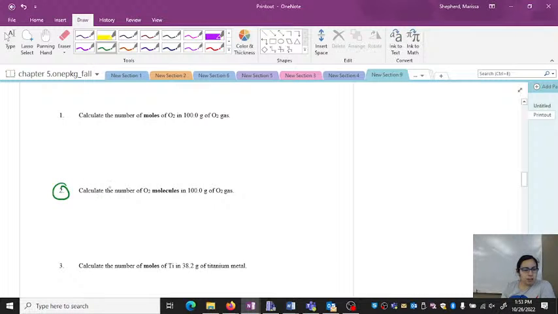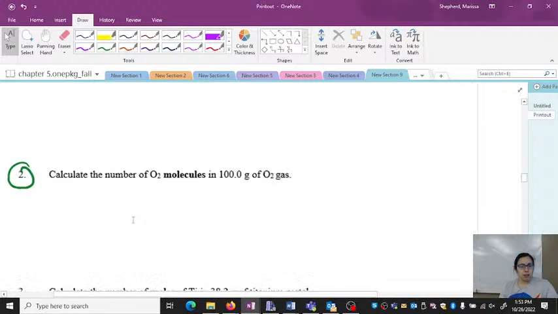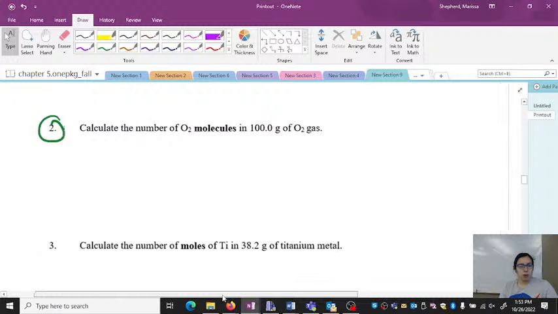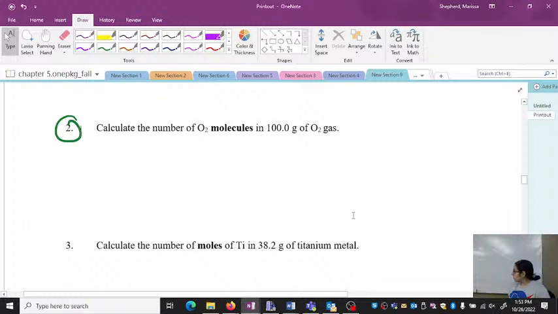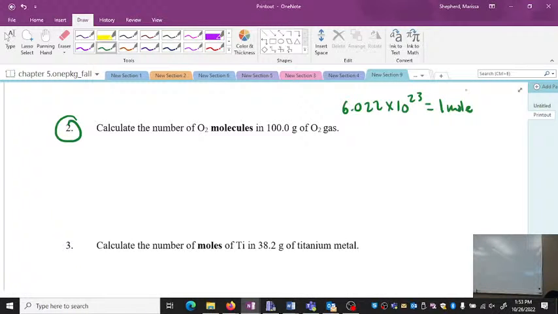It says calculate the number of O2 molecules in 100 grams of O2 gas. And so see if you can figure out how to approach it. And don't forget about that Avogadro's number. So 6.022 times 10 to the 23rd is 1 mole. And if you didn't get a mole highway, I have a few copies here, and I can always make more.